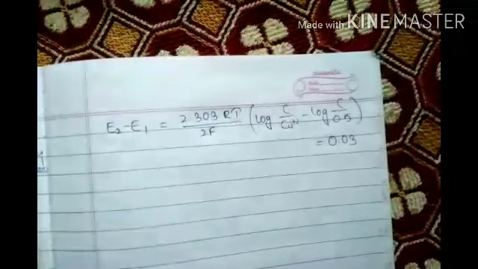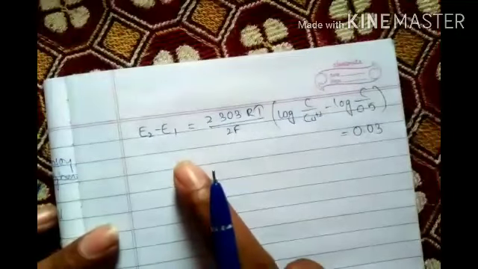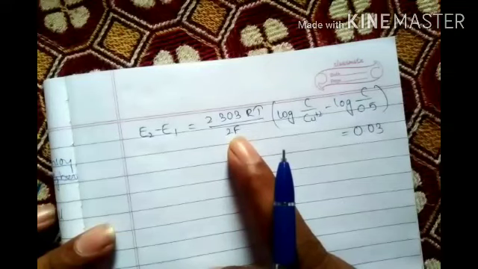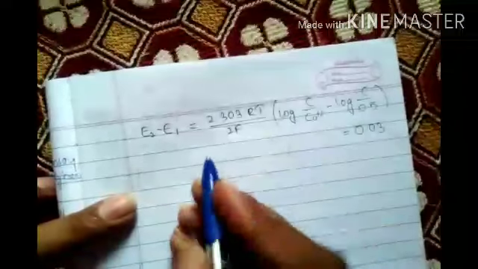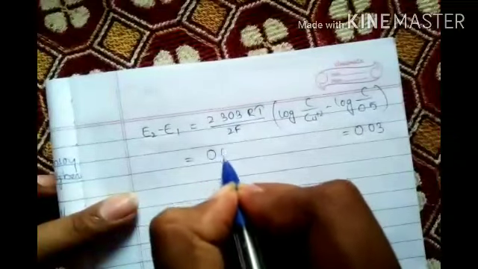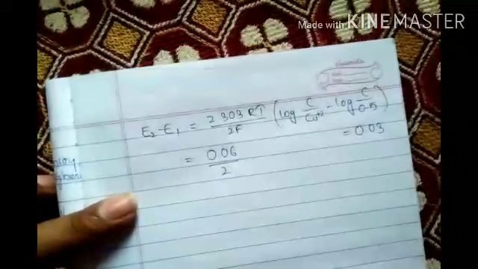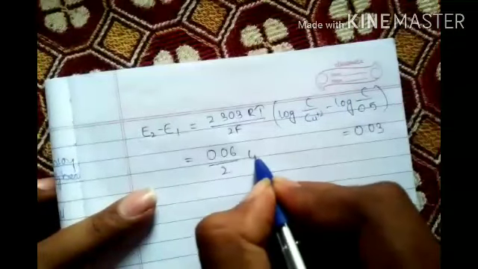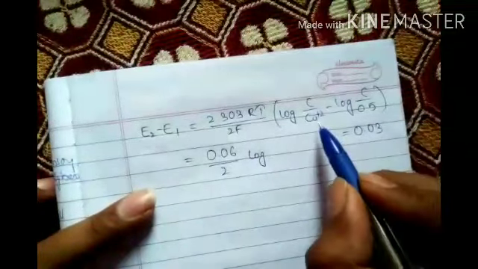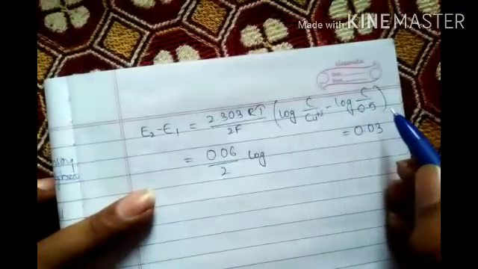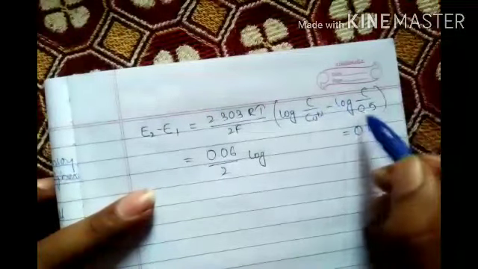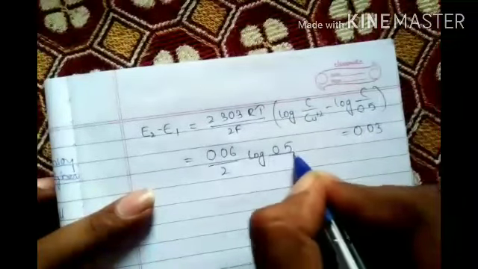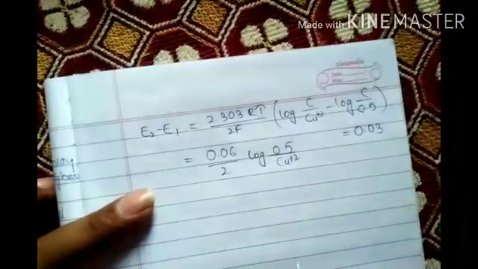Now 2.303 RT by F, how much value have they given? 0.06 they have given. So this full value they took: 0.06 by 2. So 0.06 by 2 log 0.5 by Cu plus 2, got it?